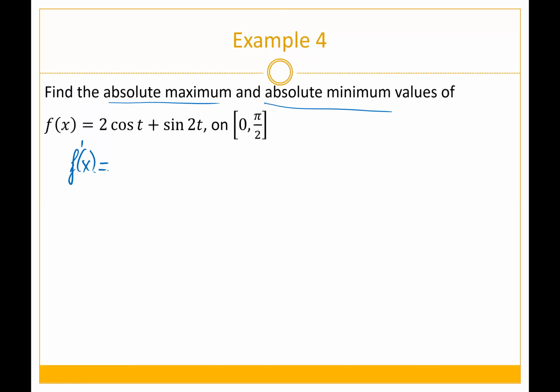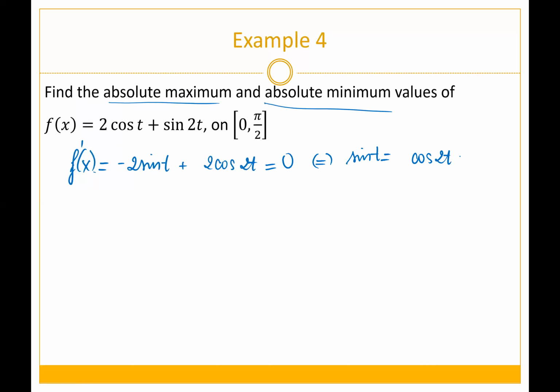Now find all of the critical numbers. So you have f prime of t equals negative 2 sine t plus 2 cosine 2t. This exists everywhere, so you don't need to find where f prime does not exist. You can just set it equal to 0 and find where sine t equals cosine 2t.